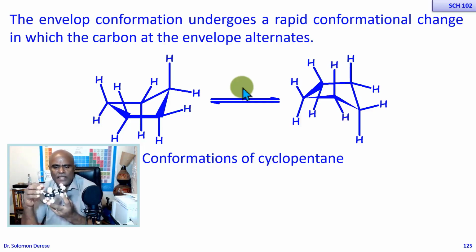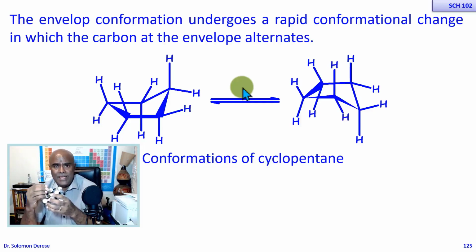If at least one of them was different, if this one was different, suppose this one was a CH3 while the rest of them being hydrogen, which of them is going to go to the flap of the envelope? Which one of the substituents will go out of plane?